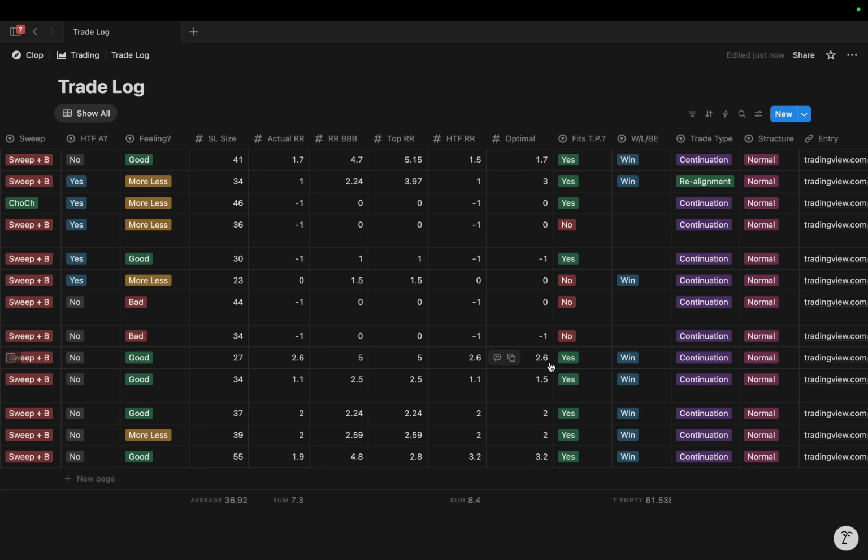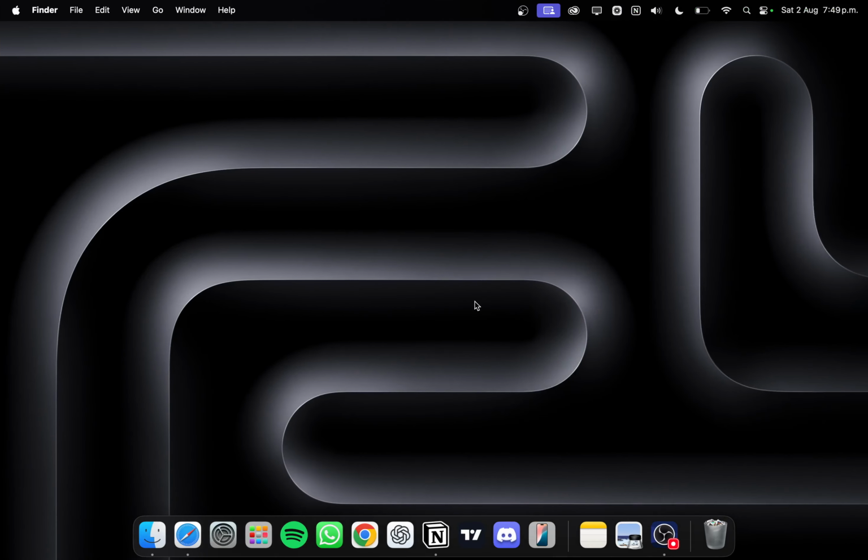What is happening? So you can compare the optimal RR versus the actual RR, and the closer you are to the optimal RR, the better you are, pretty much straight up, because you're not searching for perfection, but you're searching for a way better entry and exit.